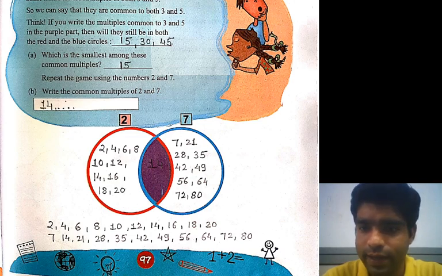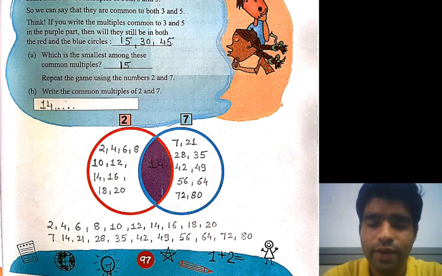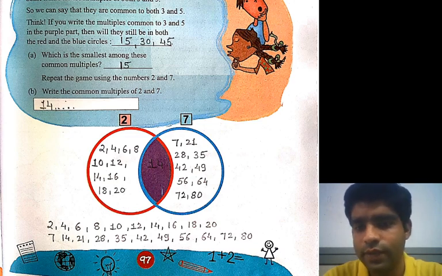I already wrote it. It will be 2, 4, 6, 8, 10, 12, 14, 16, 18 and 20. This is our table of 2. And next the table of 7: 7, 14, 21, 28, 35, 42, 49, 56, 64, 72 and 80.